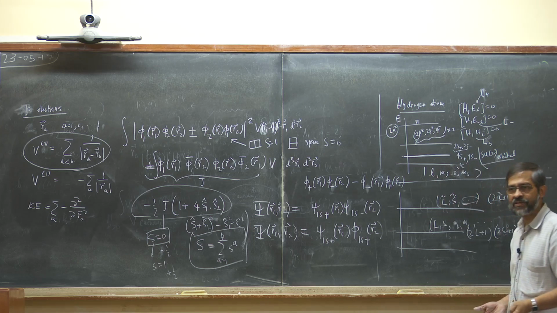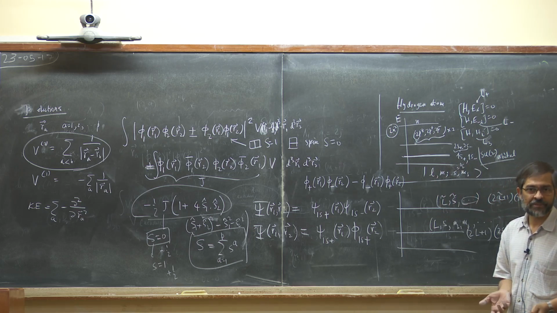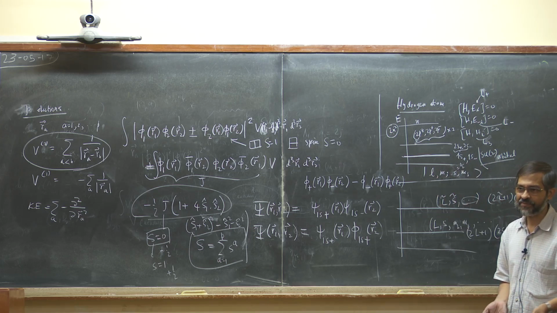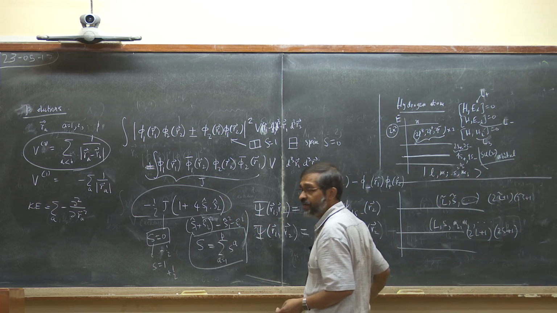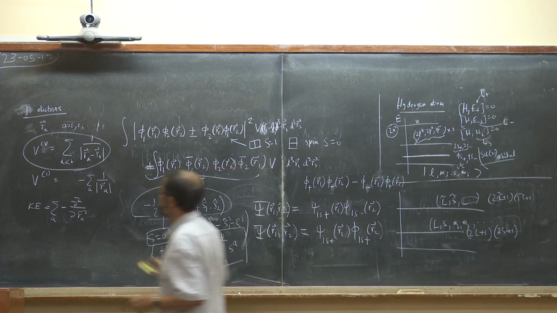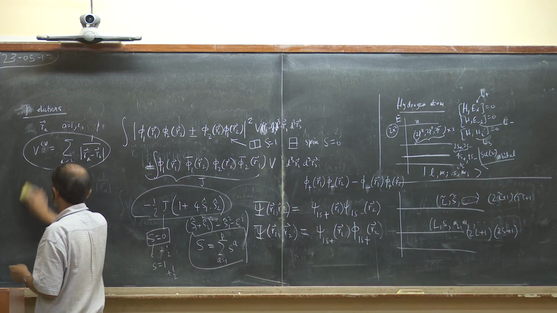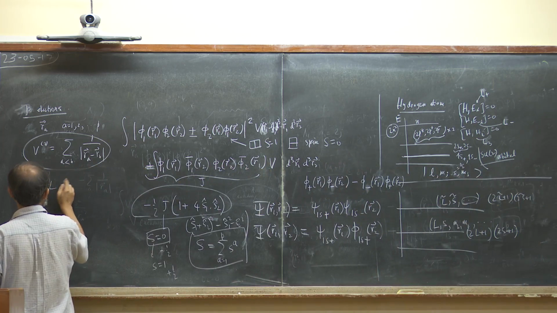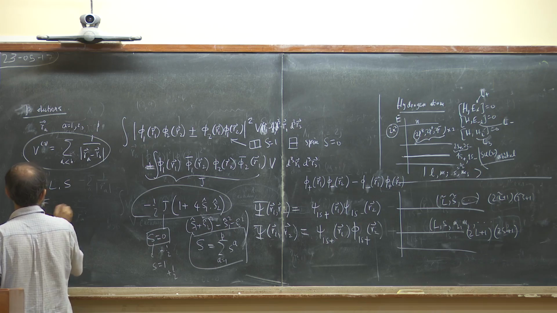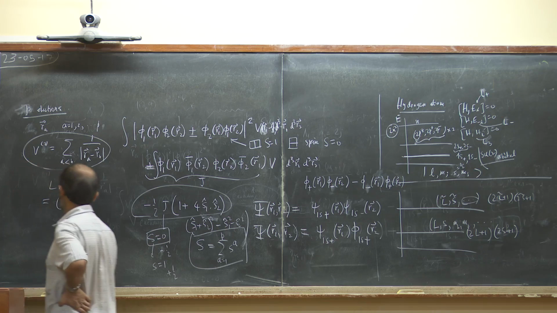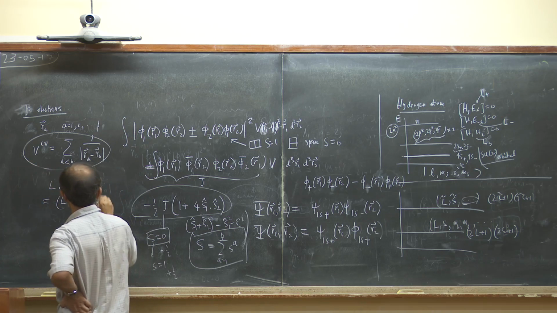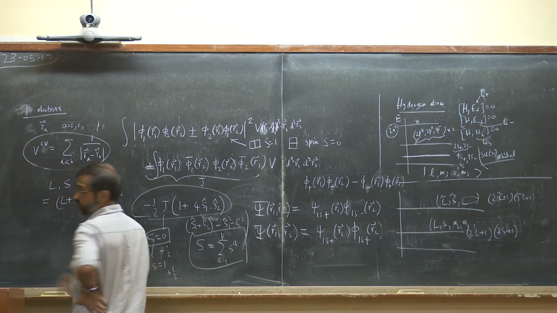Relativistic corrections give rise to spin orbit couplings, L dot S. Okay. So, again, by going to a similar logic, if there are L dot S interactions, then it can be thought of as L plus S whole square minus L square minus S square.